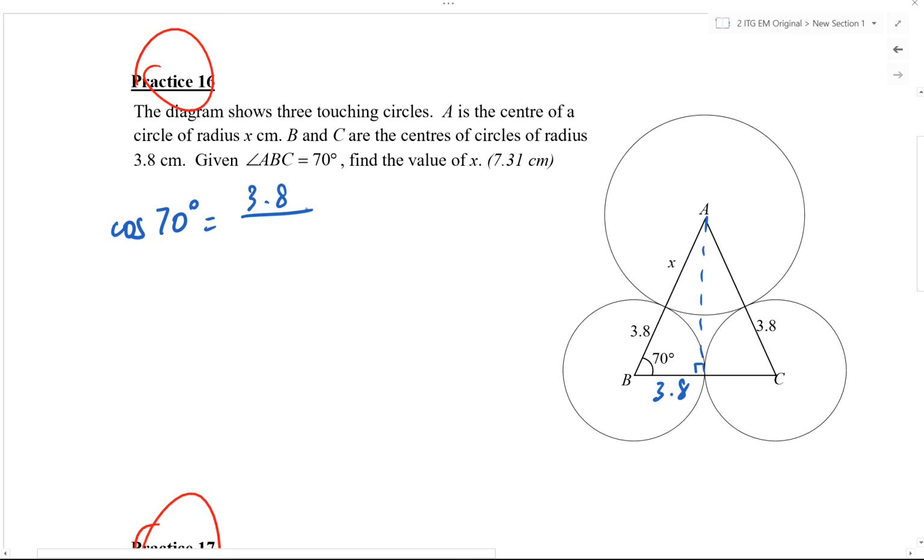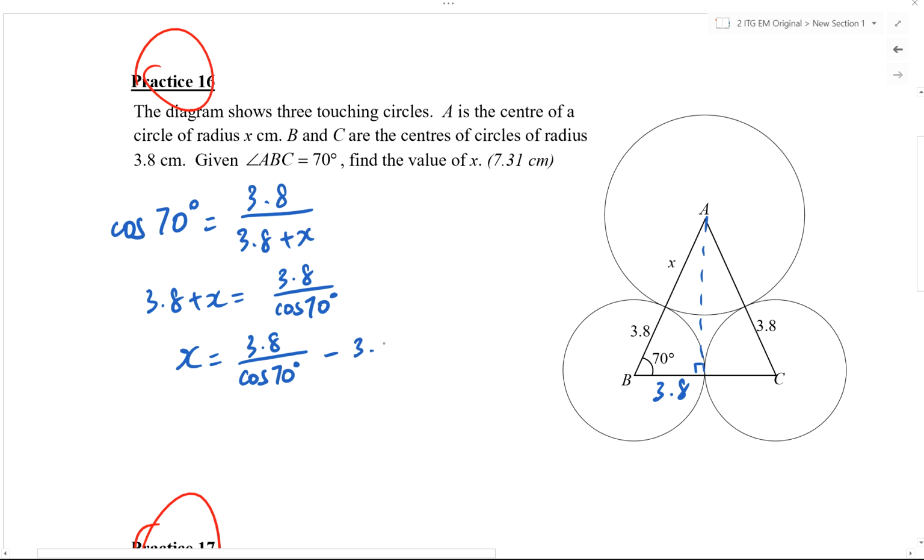How much is the hypotenuse now? 3.8 plus x. One equation, one unknown. You can solve. So 3.8 plus x equals 3.8 divided by cosine 70 degrees. Then x equals 3.8 over cosine 70 minus 3.8.